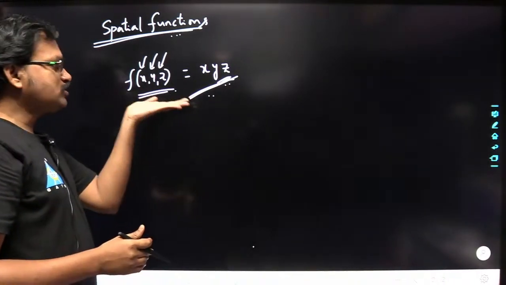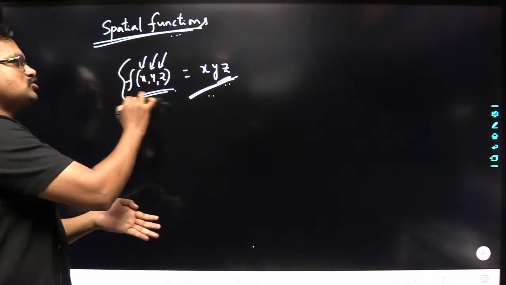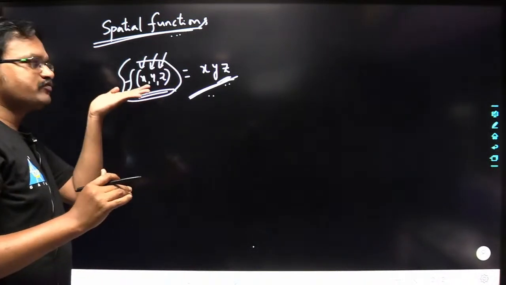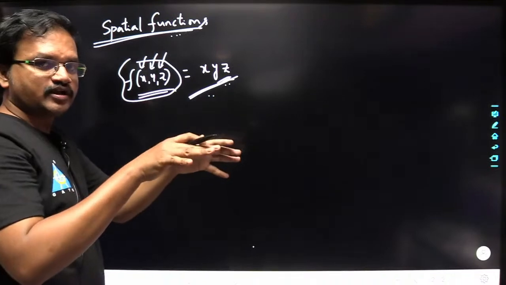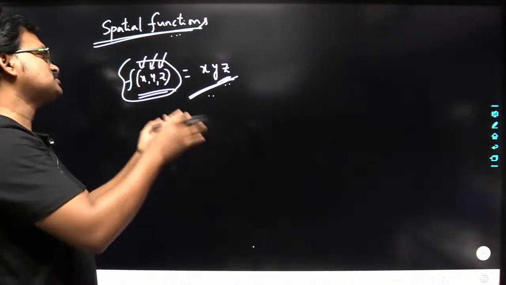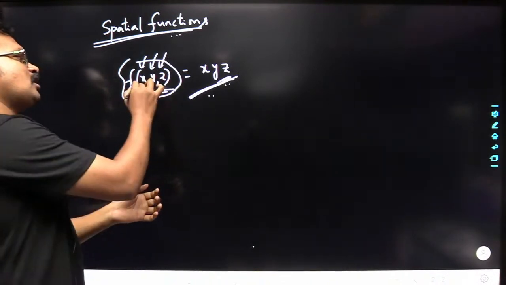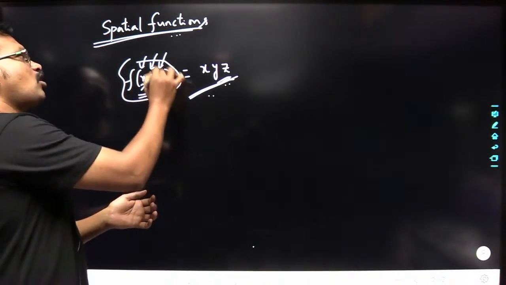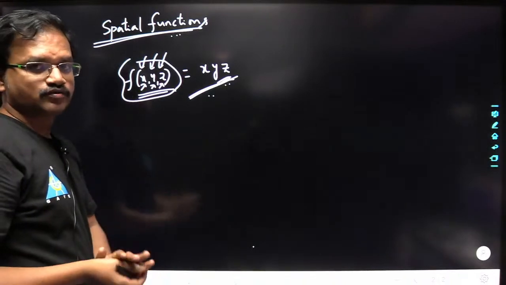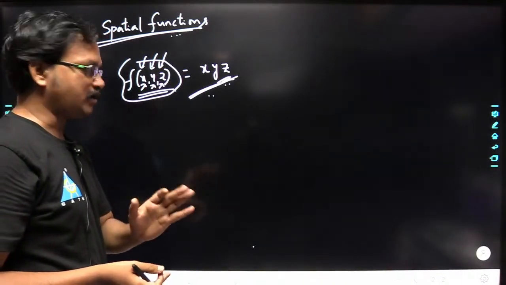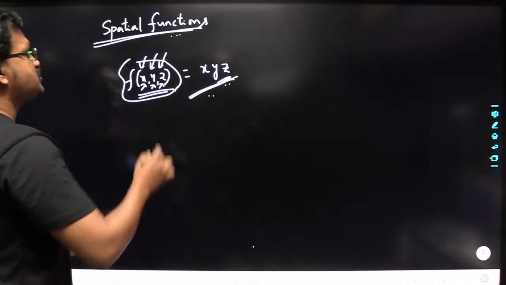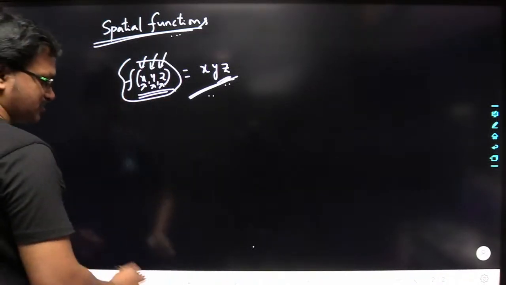Let us assume this is some physical quantity; how it is distributed in three-dimensional space can be represented in terms of a function. Since this function depends upon the spatial variables, we call it a spatial function.